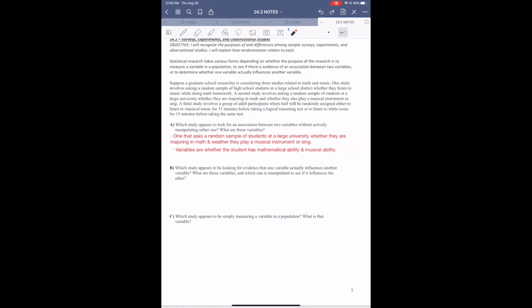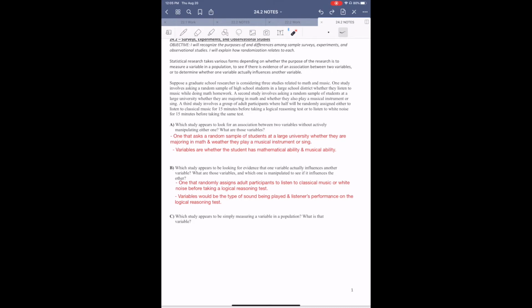Study number 3 assigns half of the participants to listen to classical music and half of the participants to listen to white noise. So there's definitely something going on where we're looking for an effect, right? To look for an influence. So the variables in this case would be the type of sound being played and the listener's performance on the logical reasoning test.